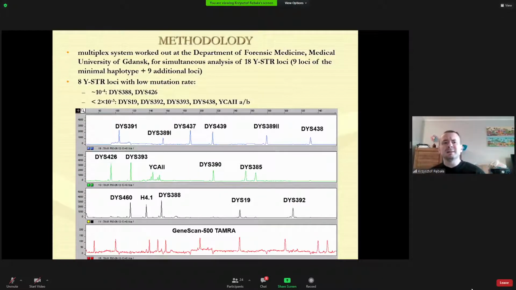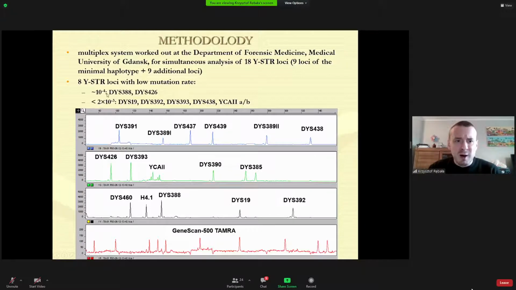And just to show you an example of how we were detecting the haplogroups at our department. We used a multiplex system which was worked out at the Department of Forensic Medicine at our university for simultaneous analysis of 18 YSTR loci, and there were 8 YSTR loci with low mutation rate.